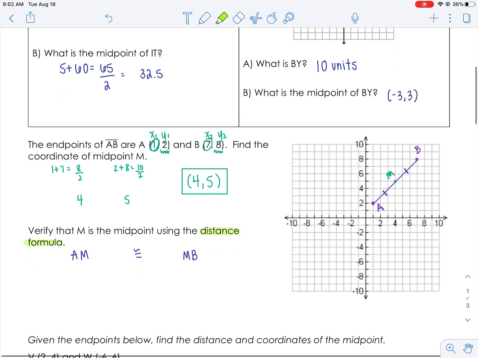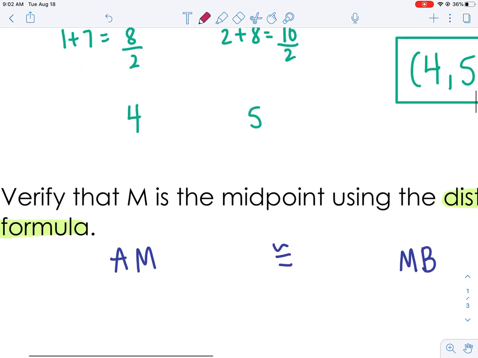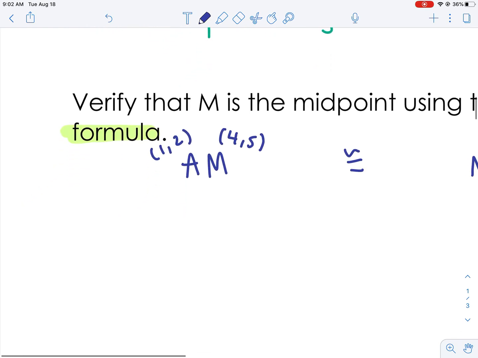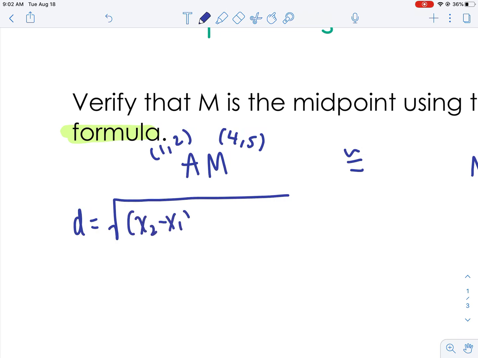So back to this. I know A is at (1, 2), and I know M is at (4, 5). My distance formula was D equals a really big square root, x2 minus x1, parentheses squared, plus y2 minus y1, parentheses squared.